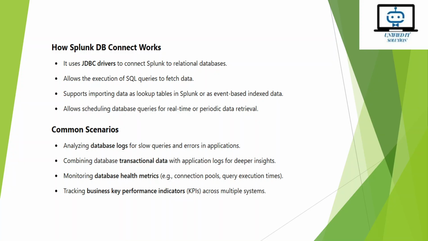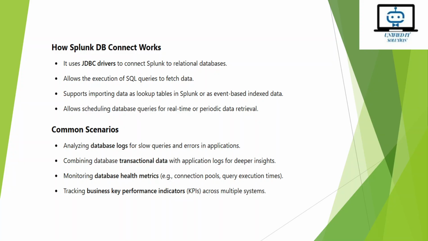How does Splunk DB Connect work? It uses a JDBC driver to connect Splunk to the relational database, allowing the execution of SQL queries to fetch the data. It supports importing database data as a lookup table in Splunk or as event-based index data, and allows scheduling database queries in real time or at periodic data intervals. To connect to any database, a JDBC driver is required, so we install the JDBC driver inside the Splunk DB Connect app.